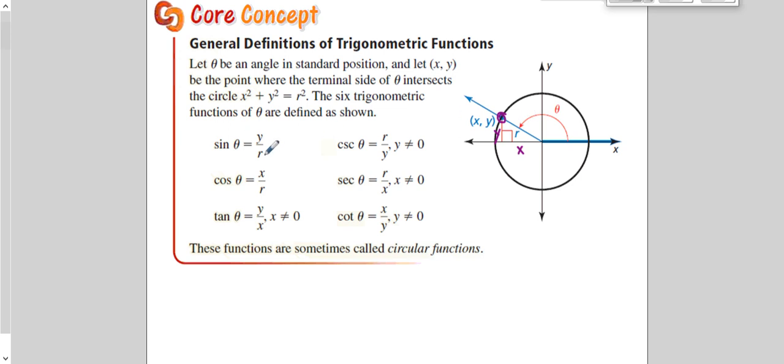Sine is opposite over hypotenuse, so that would be y over r. And tangent is opposite over adjacent. So we are using the theta prime, the reference angle, and this reference triangle to get these trig ratios. These functions are sometimes called circular functions.